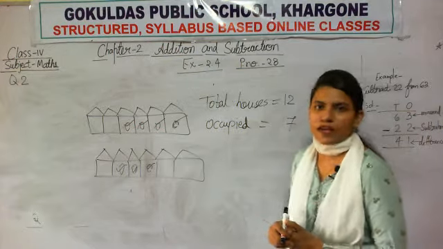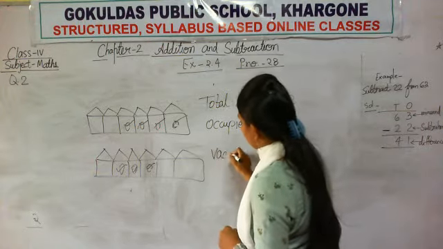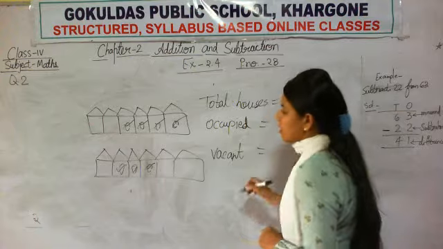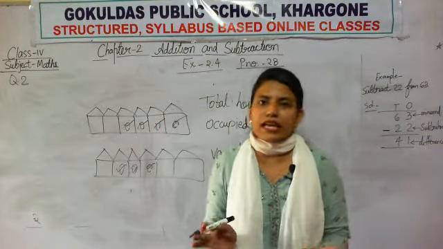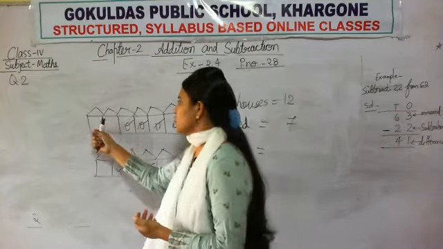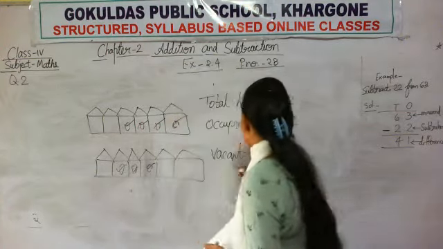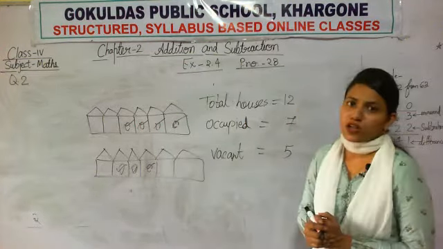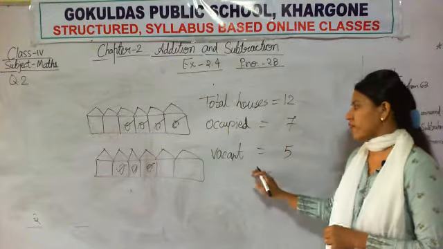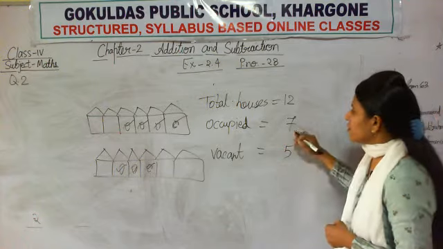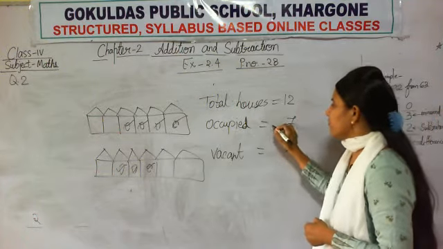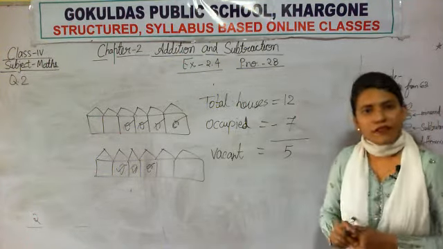Now tell me how many vacant houses are there? Vacant means empty, houses no one has taken. So vacant: 1, 2, 3, 4 and 5. 5 are vacant houses. How did you get the answer 5? When we subtract 7 from 12, you get the answer 5.